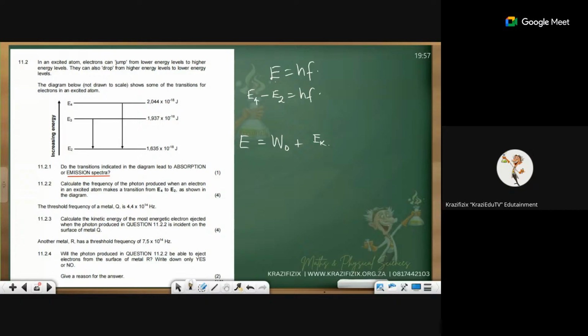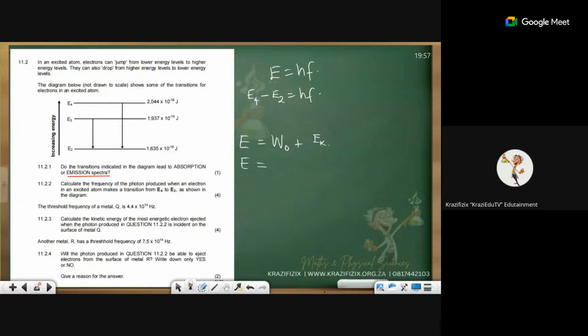It says calculate the kinetic energy of the most energetic electron when the photon produced in 11.2.2. So we will have gotten our E there, right? And we know the threshold frequency.